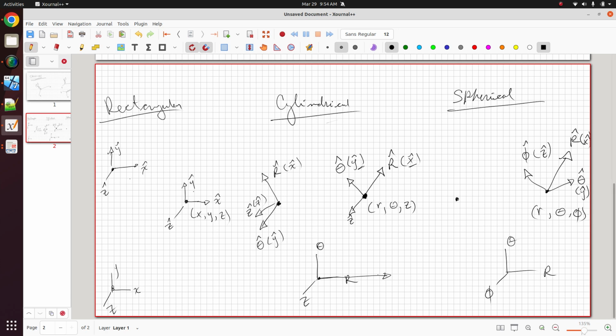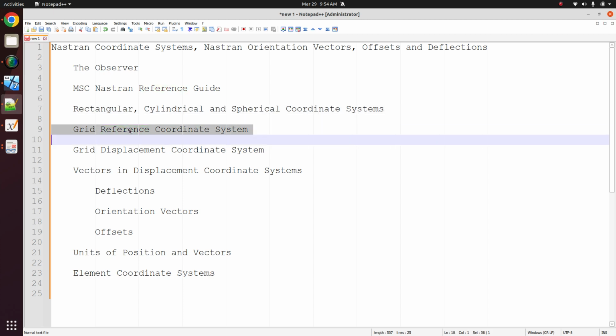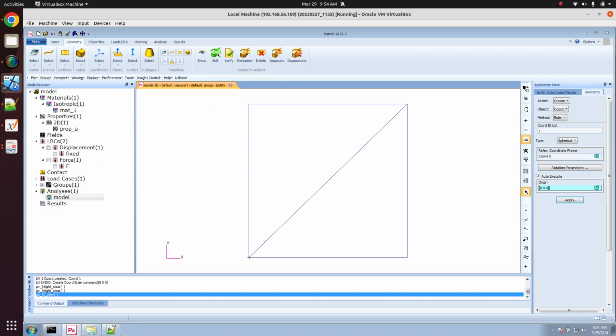If we're working in a rectangular coordinate system, fortunately life is a little easier here. Your unit vectors are parallel to the original coordinate system that you see here. So here x hat is parallel to the original x-axis. Okay then, so after this, let's go ahead and talk about the grid reference coordinate system.